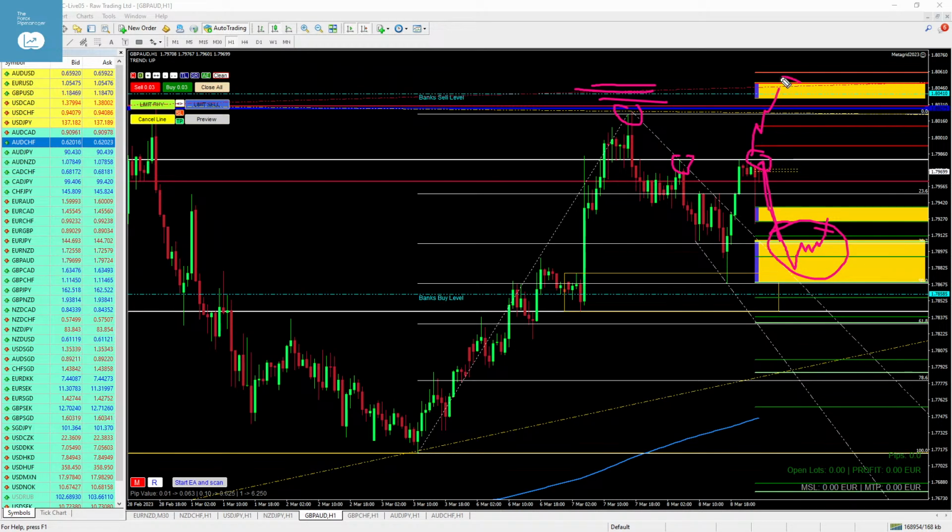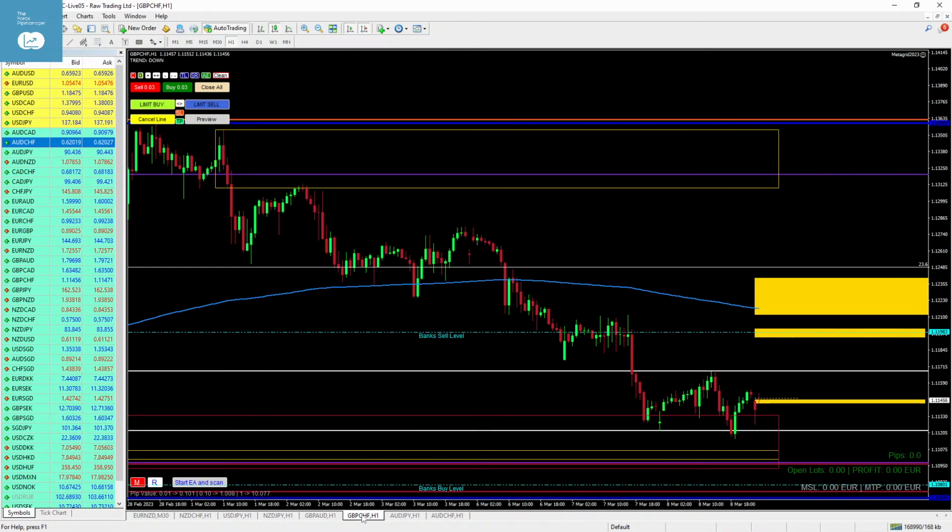And of course we would sell the pair here if the price comes around here, then reacts and goes further down. Then I would open a sell trade on this pair. So we have a lot of opportunities today, as you can see. And we come to the next pair I have on my list. It's the pound Swissy.